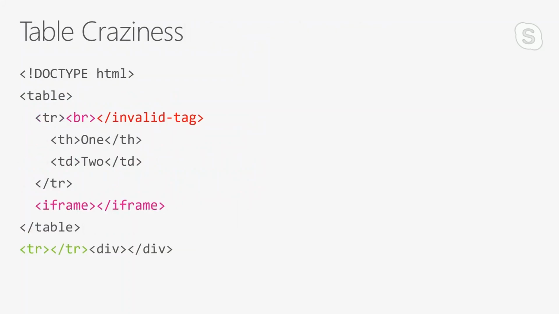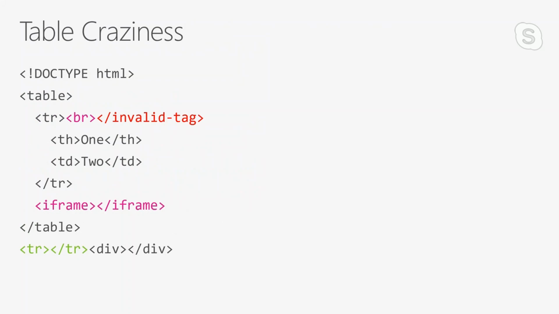A third example I want to give is in the table space. Well, tables are one of the most complicated parts of the HTML5 specification, because there's so much that could go wrong, and every edge case is essentially handled. There's another space which has to do with formatting elements, but since formatting elements are more or less a legacy thing, especially with the edge cases described in there, I will just focus on the table with this simple example.